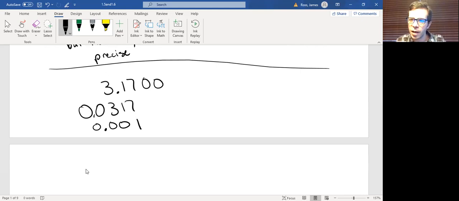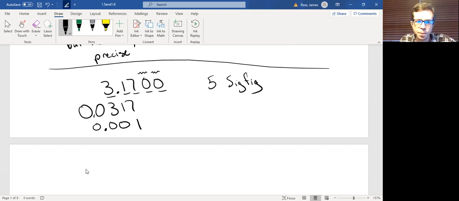Let's try to determine how many figures are significant here. And this has to do with talking about your precision. So in this first one, when I write these zeros here, that's saying that I know those values to be zero. This is not 3.172. It's not 3.1751. It's 3.1700, possibly something, right? So our significant figures is 5.